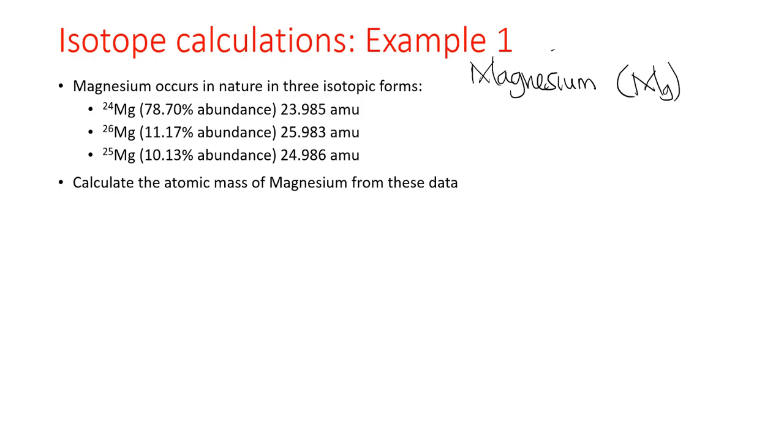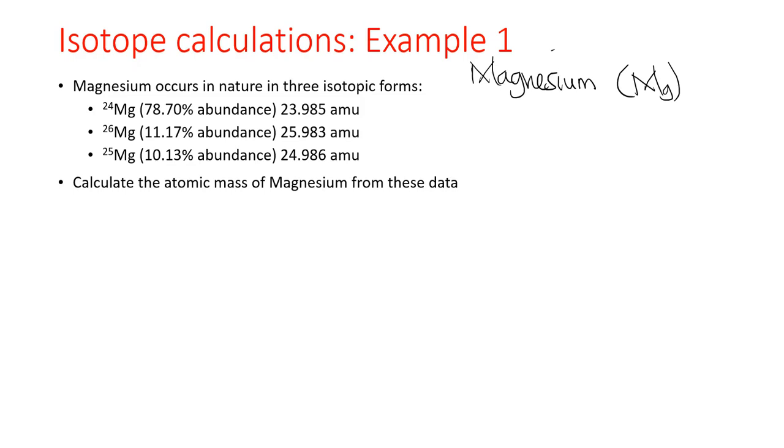Magnesium occurs in nature in three isotopic forms. Each of the isotopic forms has what we call isotopic mass. Magnesium 24 is the most abundant one.